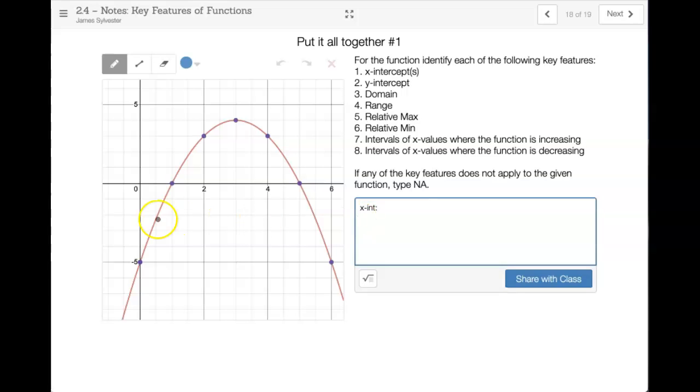The x-intercept is, well, here's 1, and that's 1, 0, and here's the other one. That's 5, 0. So 1, 0, and 5, 0. The y-intercept is here at 0, negative 5.